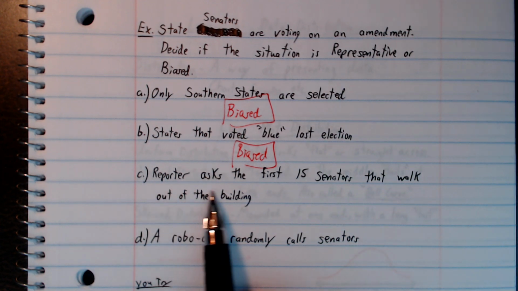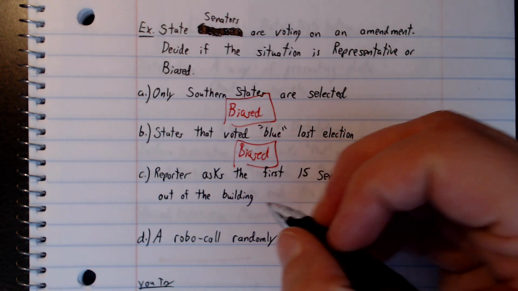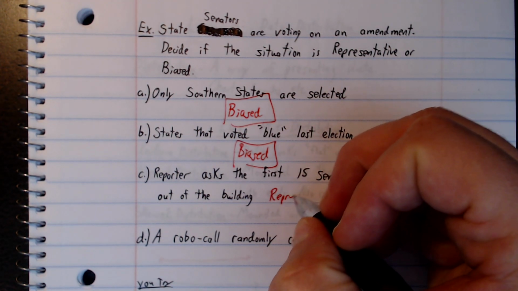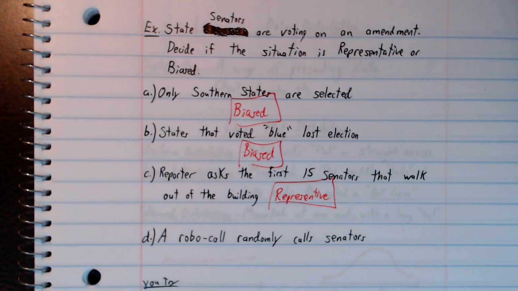Maybe a reporter asks the first 15 senators that walk out of the building, right? They all get dismissed. They go back to their office real quick. These guys are waiting outside, and the first 15 that walk out, they ask. That could be representative, because you really don't know who's going to walk out from where. Unless maybe they really divide themselves into different wings, that could possibly be a bias.